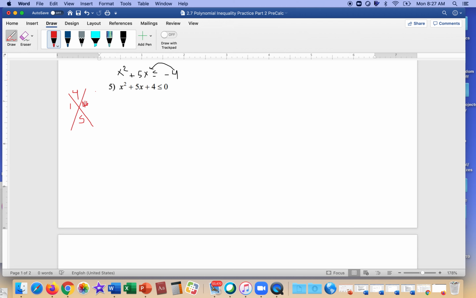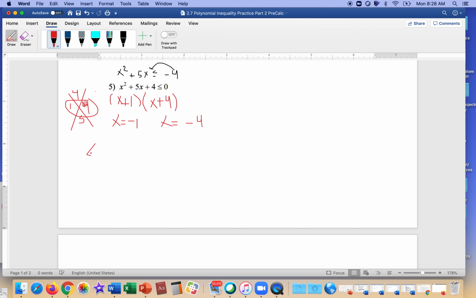1 and 4. So we'll have x plus 1 times x plus 4, and I set my factors both equal to 0, so I get x equals -1, x equals -4.